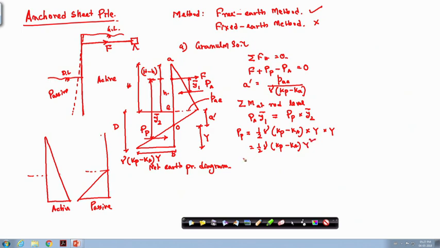And y2 bar will be small h plus a dash plus 2/3 of y, because from the base it is 1/3 of y and this is the triangle. So, this will be 2/3 of capital Y.